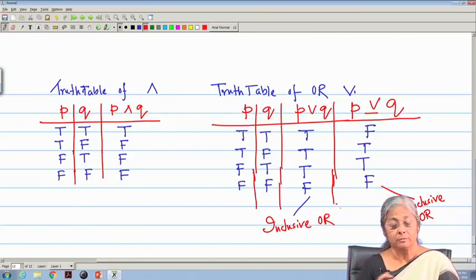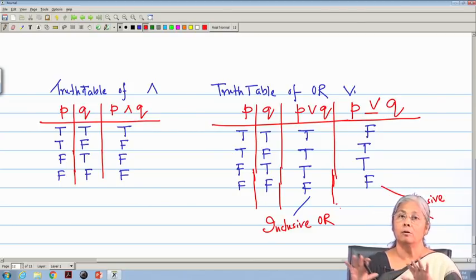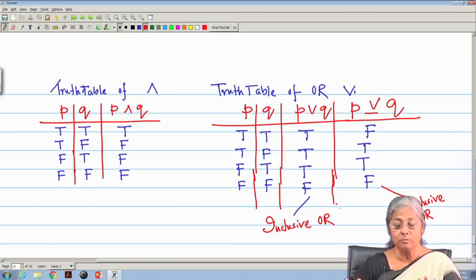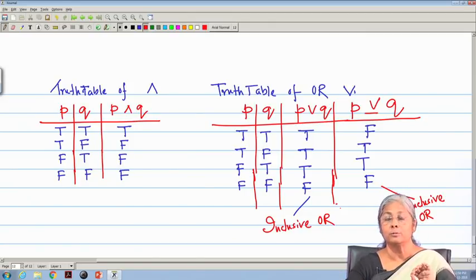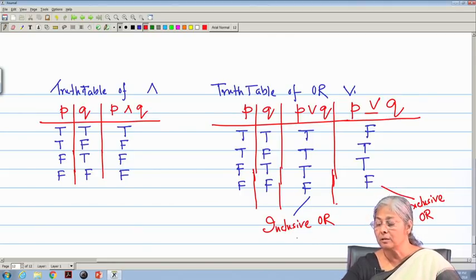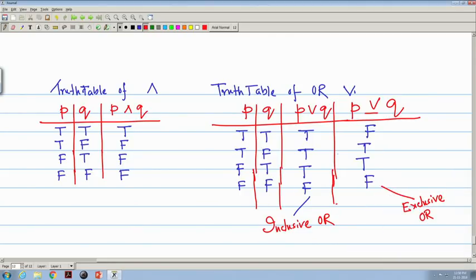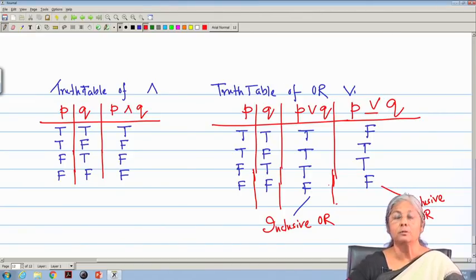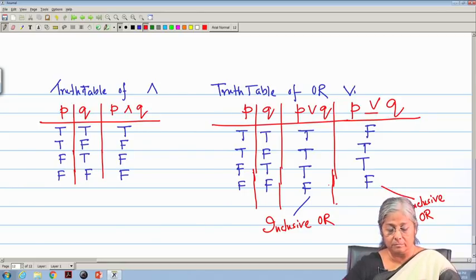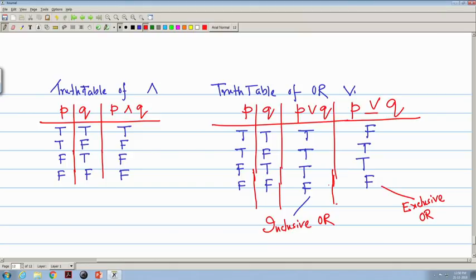Then we read conjunction and disjunction, two binary operations, and the truth tables of conjunction and disjunction. There are 2 types of disjunction, inclusive OR and exclusive OR, and we can write the truth table of each. Okay. Now we finish this class with these truth values and truth tables, and in the next class we will see the other operations.